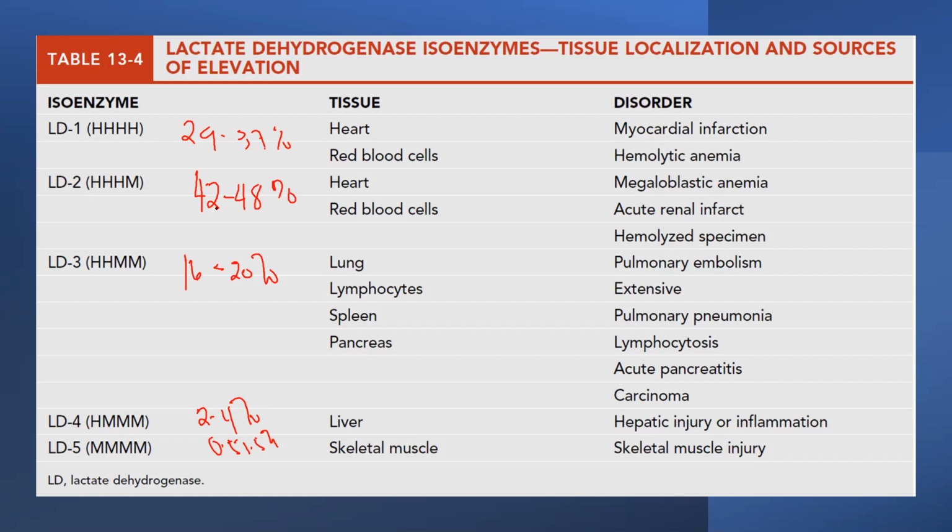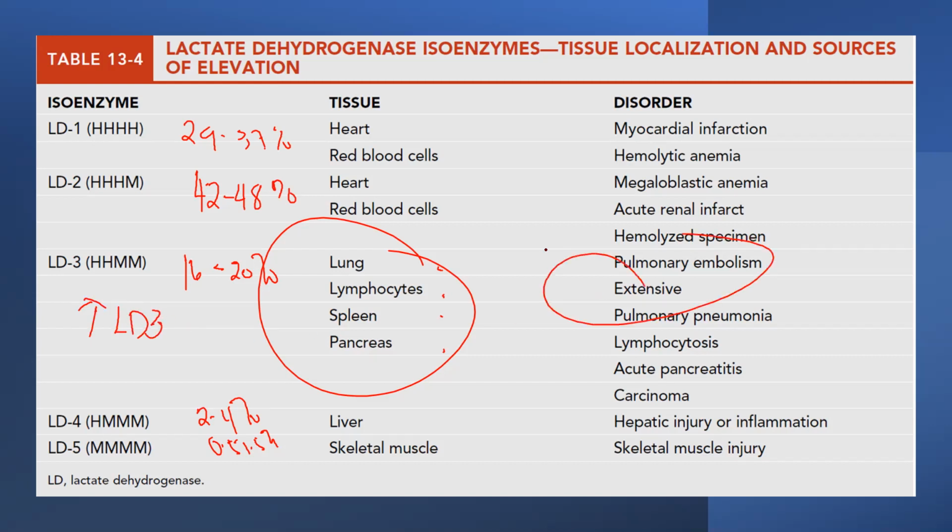So megaloblastic anemia, acute renal infarct, hemolyzed specimen. LD3: lungs, lymphocytes, spleen, pancreas. LD4: liver. LD5: muscle. So let's remember: lungs, lymphocytes, spleen, pancreas. I don't know why we were made to memorize this when I was reviewing, but remember it too, maybe it's important. What's important to remember is that our LD3 is increased in cases of pulmonary embolism and pneumonia, in other words, when you have pulmonary diseases.